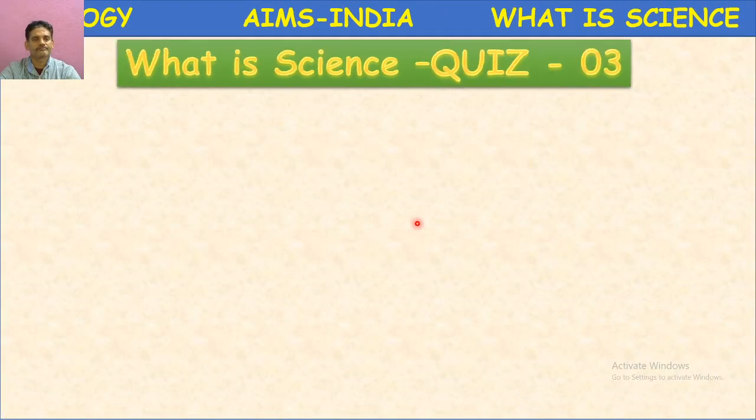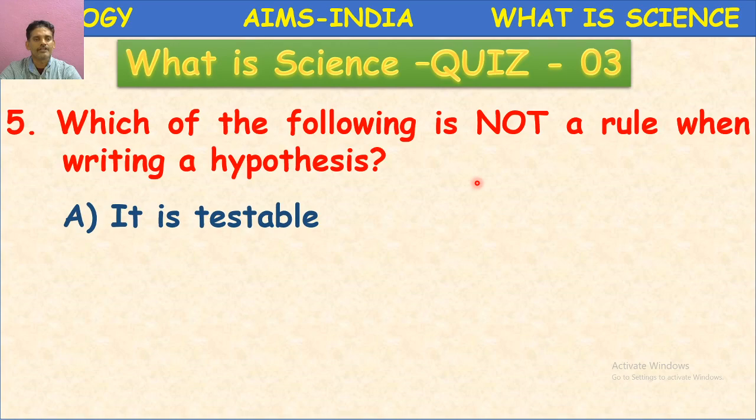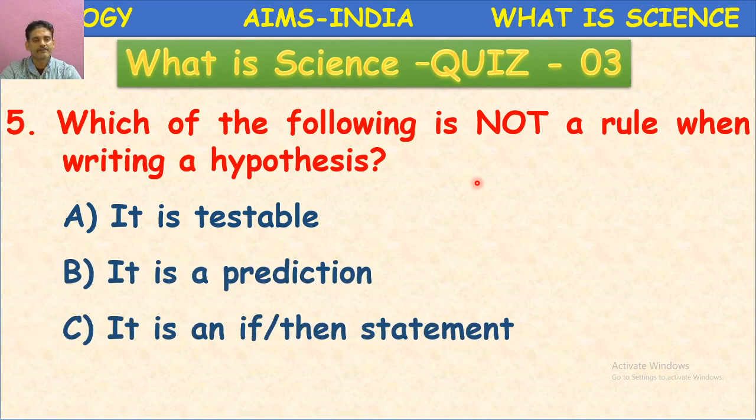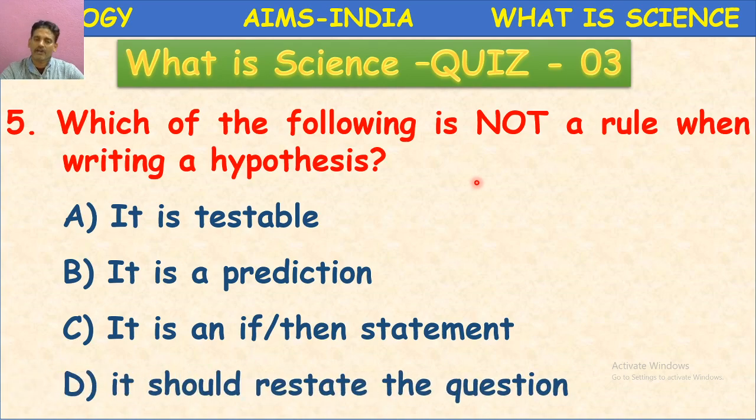Next. Which of the following is not a rule when writing a hypothesis? It is testable, it is a prediction, it is an if-then statement, it should restate the question.